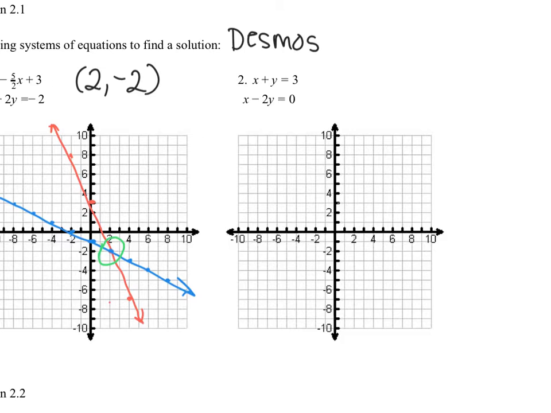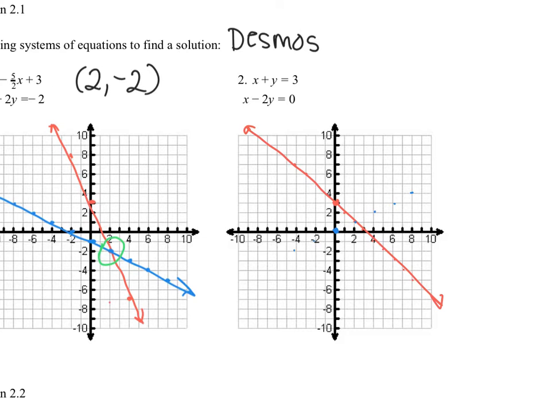We have a y-intercept of 3, and my slope is going to be negative 1, which is down 1, right 1. Okay, so here is our first line. Our second line, x minus 2y equals 0, is going to have a y-intercept of 0, and then a slope of 1/2, which is up 1 over 2.